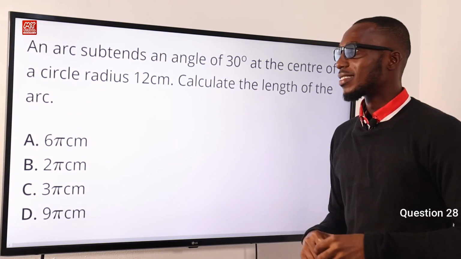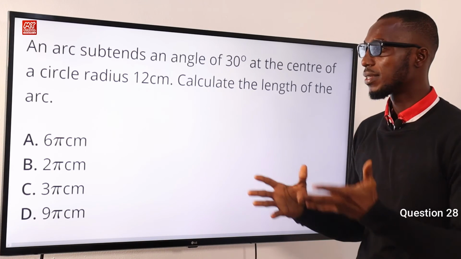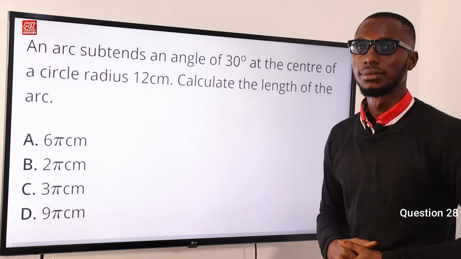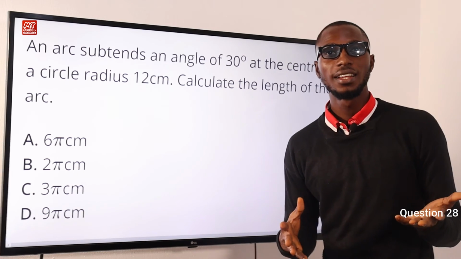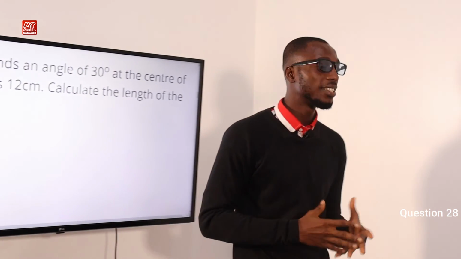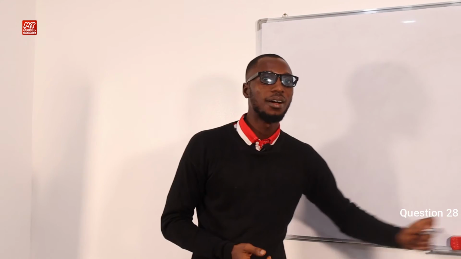Question 28. An arc subtends an angle of 30 degrees at the center of a circle of radius 12 centimeters. Calculate the length of the arc. So length of the arc equals theta over 360 times 2 pi r.